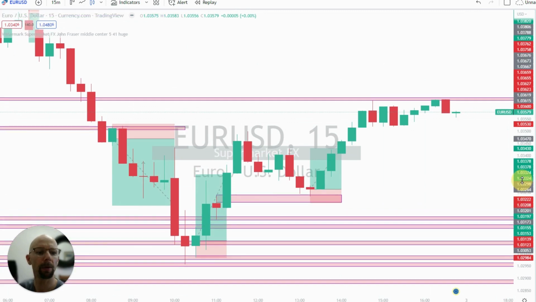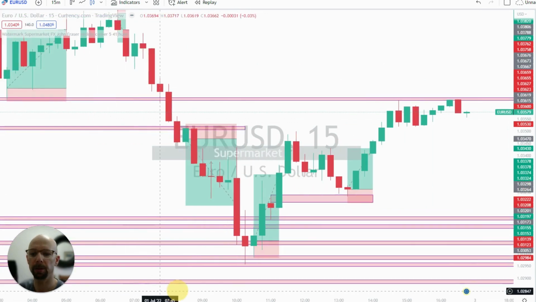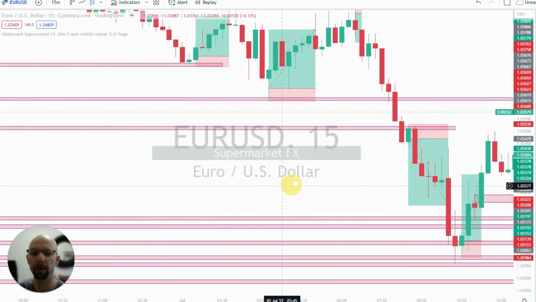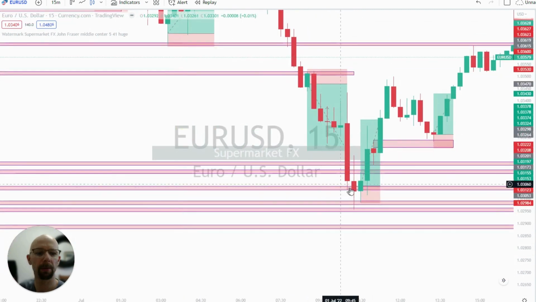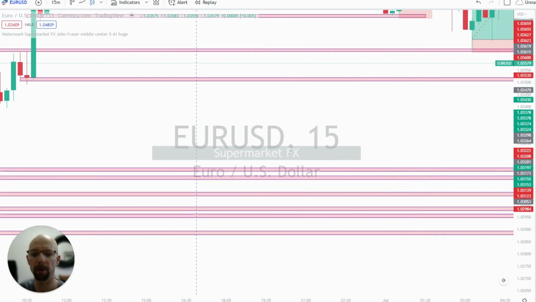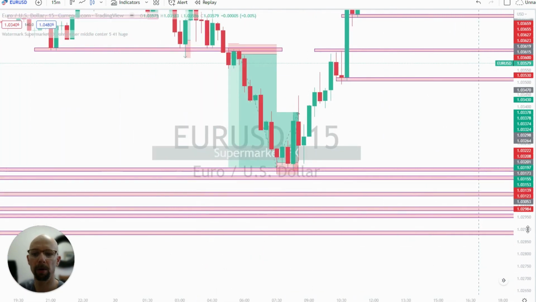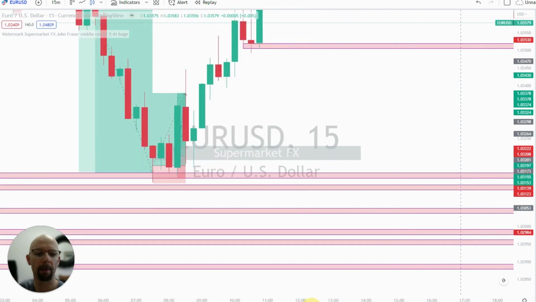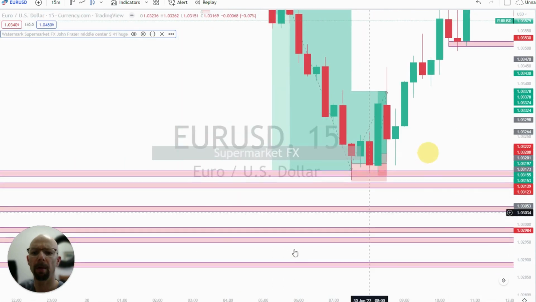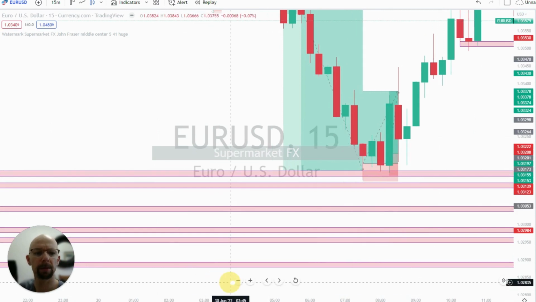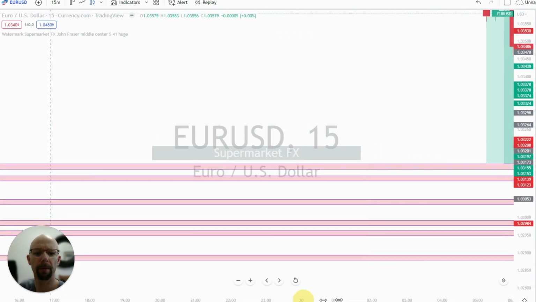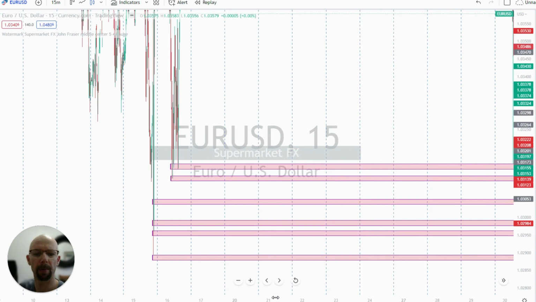Let me actually show you what that is on the bottom so you can see why I was looking for price to react around those areas. So when you go back, you can see that it reacted there. 1 second. Here we go.